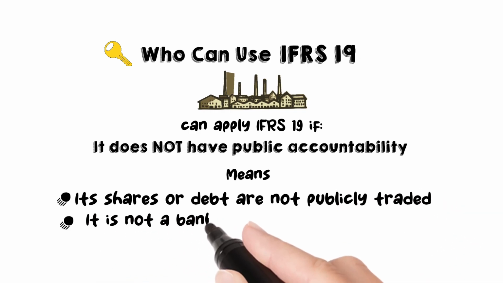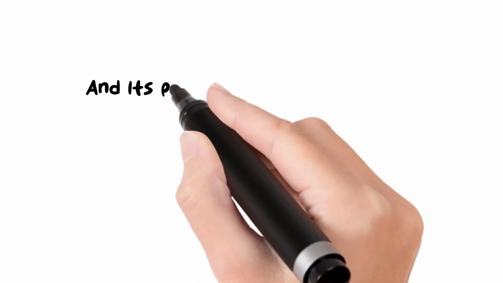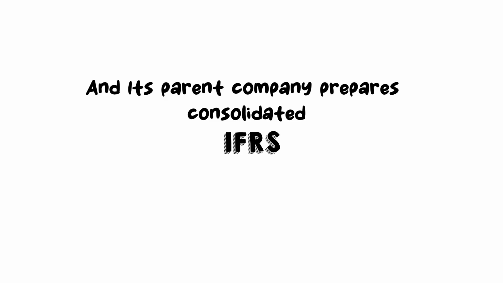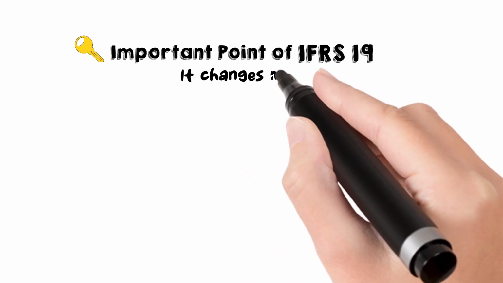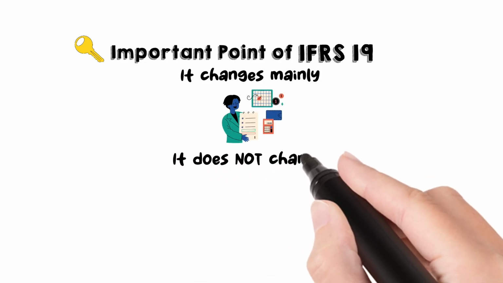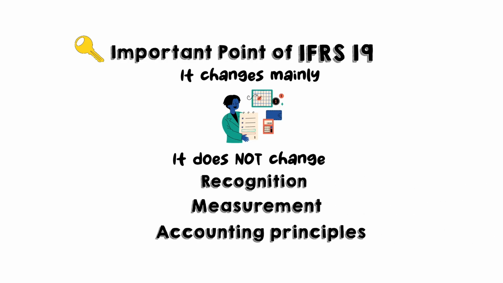It is not a bank, insurance company, etc. And its parent company prepares consolidated IFRS financial statements. Important points of IFRS 19. It changes mainly disclosure requirements. It does not change recognition, measurement, or accounting principles.